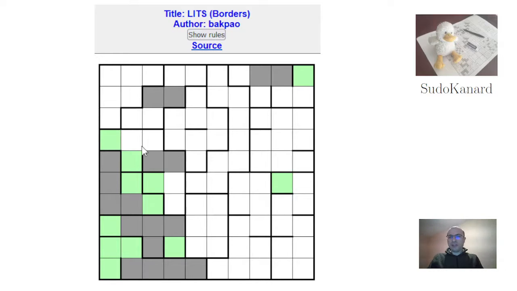So whatever I put in this region, I must put an L here. And then this S, this tetromino must touch here. It can't be an S, so it has to be a T. All of this is ruled out. This as well. I must have this S. This is unshaded.